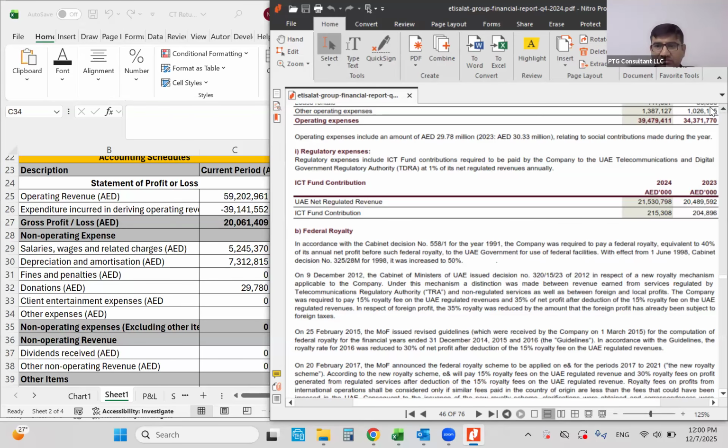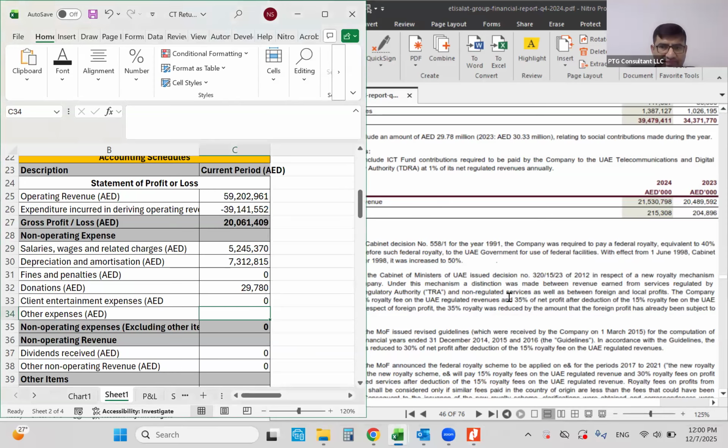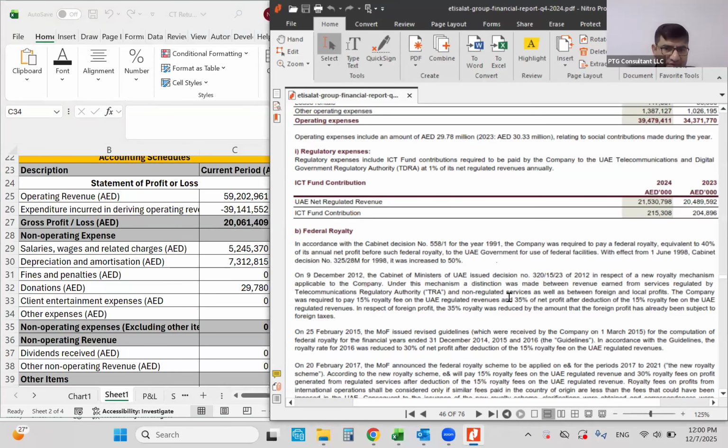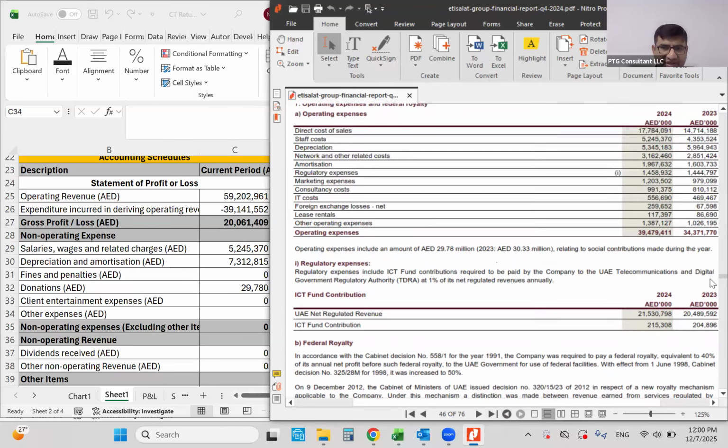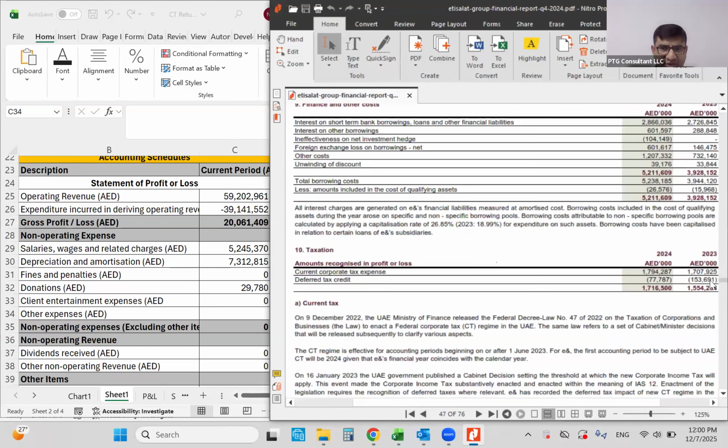Shall we move on to the next, other expenses? Sorry, this is client entertainment. Client entertainment, we searched and found nothing there. No, it may be, just go to note number 8 or 7. It may be written below the narration.